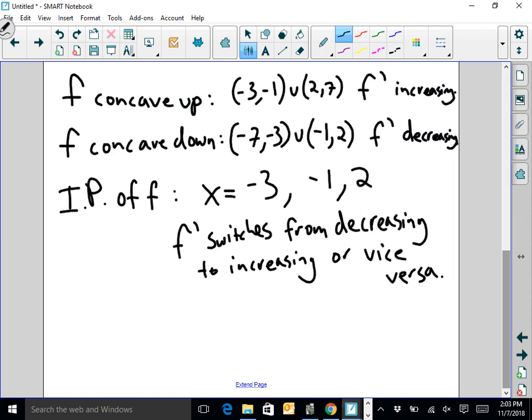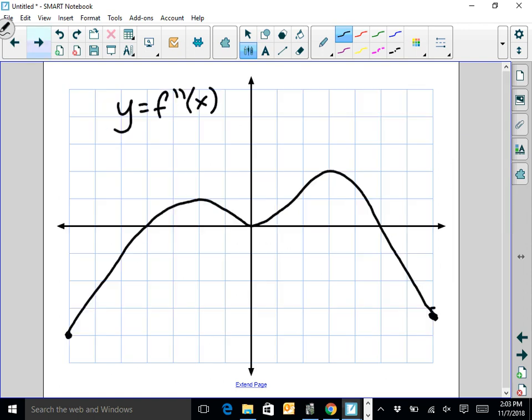Now let's switch to an F double prime graph. We worked a little bit with F double prime today in class in our matching category. But let's figure out what can we know about F based on an F double prime graph. Okay.